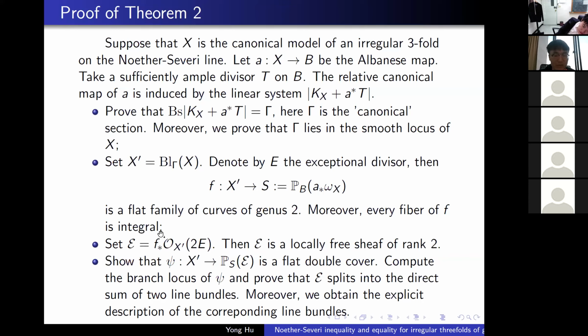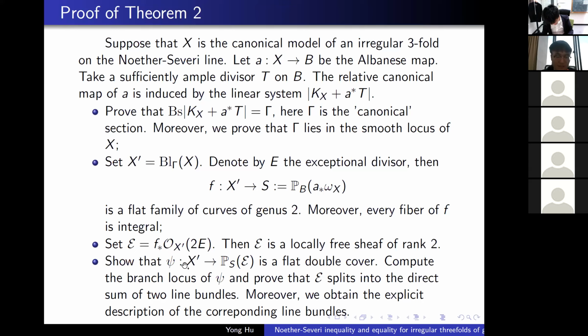From here, we know that H0 of this sheaf is just the arithmetic genus of the curve, which is 2. So E must be a locally free sheaf.